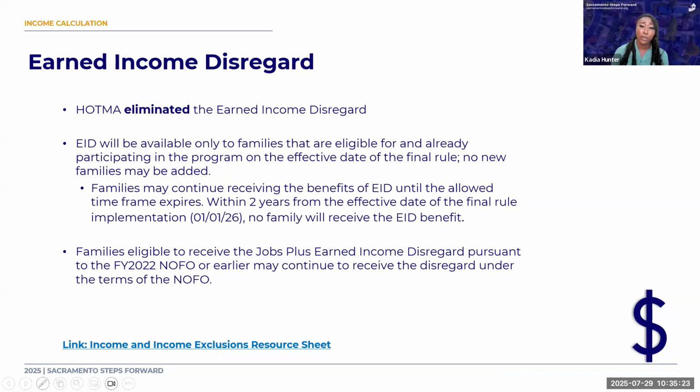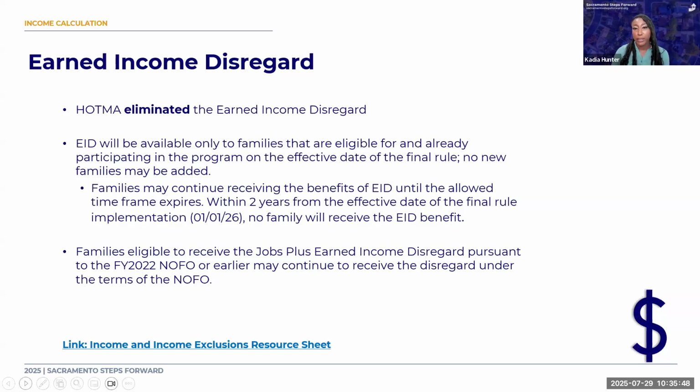But by January 1st, 2026, which is 2 years after full rollout, no one gets EID anymore. One exception is for families in jobs plus programs from the fiscal year 22 NOFO or earlier can keep going under their original terms. So this is going to be pushing for long-term self-reliance while grandfathering in current users.